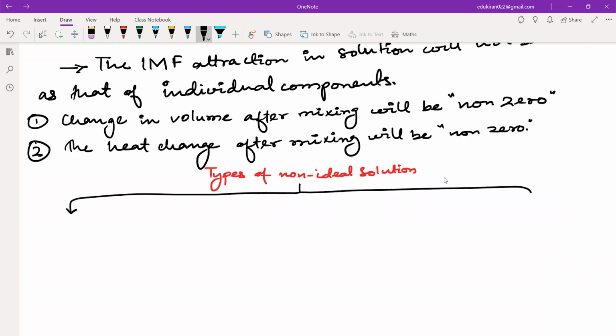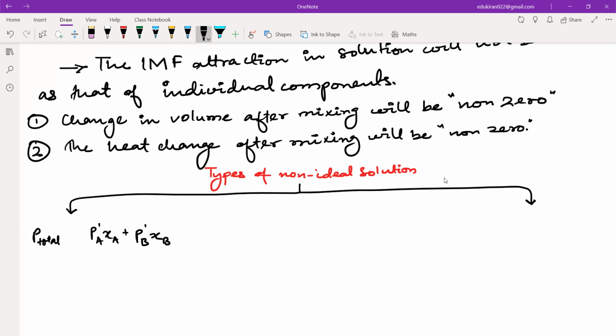There can be two cases. If I'm talking about the experimental setup, what are we going to measure? We can measure the P total. Then from the data booklet we can calculate P naught A chi A plus P naught B chi B. Please don't write it yet.